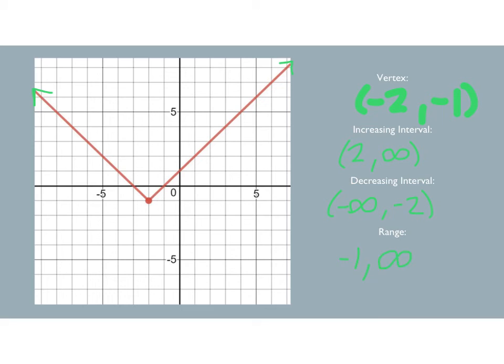It goes up forever, so the largest is infinity. Infinity is always parentheses. And since the -1 y value is a closed dot, that means the -1 is included. Therefore, we use square brackets. If you don't remember that, you can go back and look at the domain and range notations video from Unit 1.